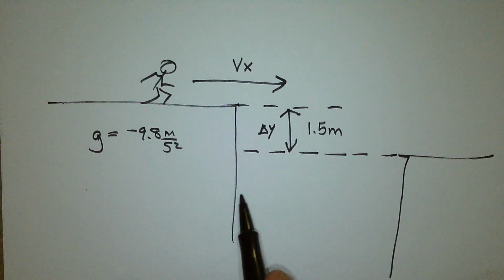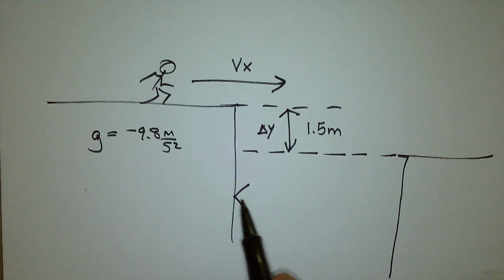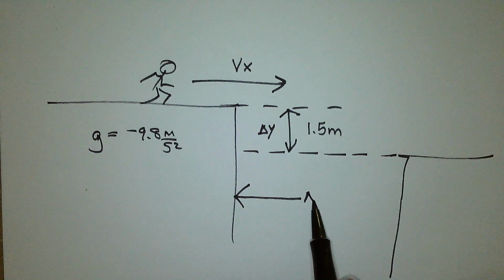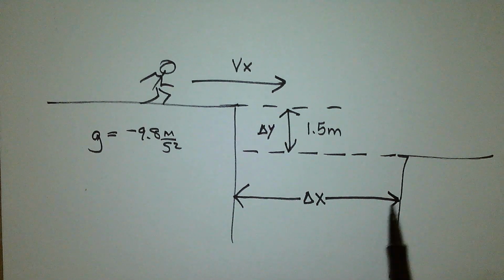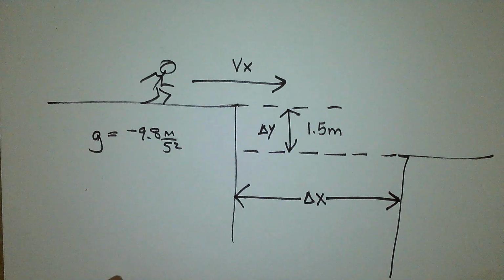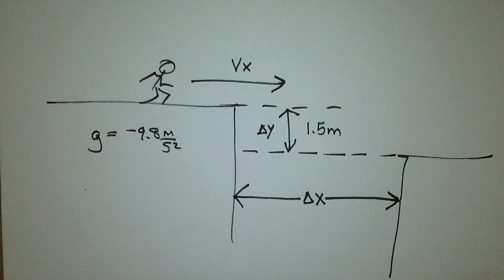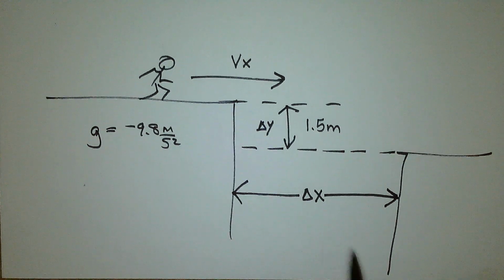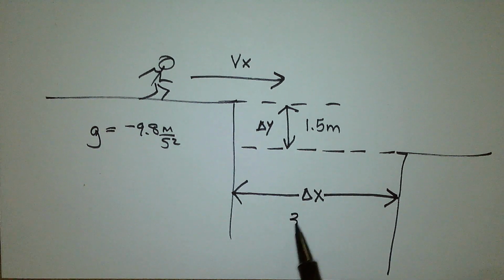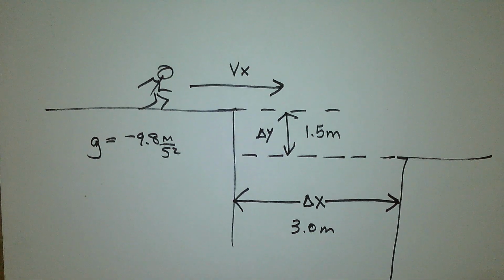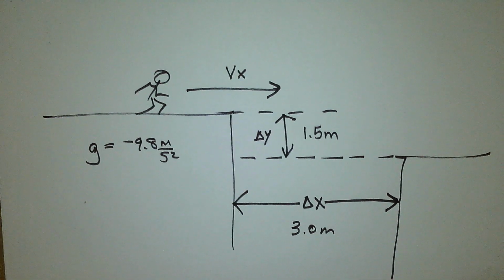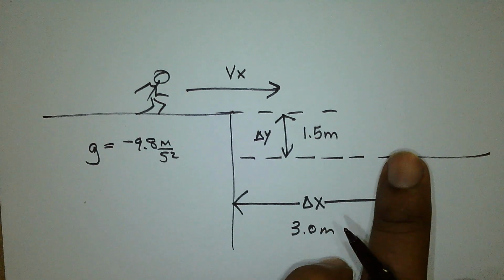Now, your horizontal range, or your delta x, let's make that something that somebody who would have trained might be able to do. Let's say 3.0 meters.